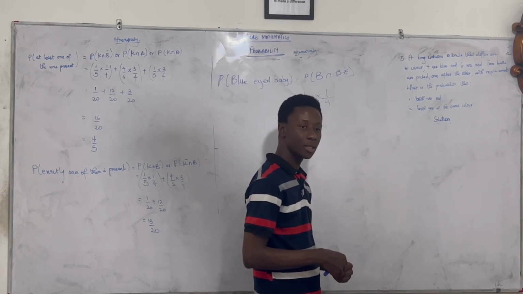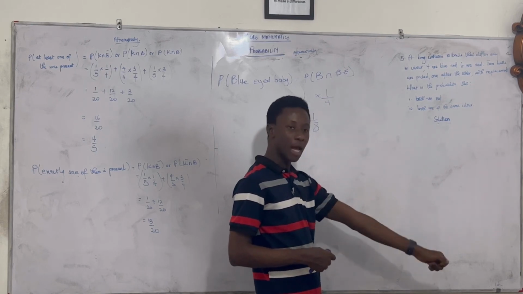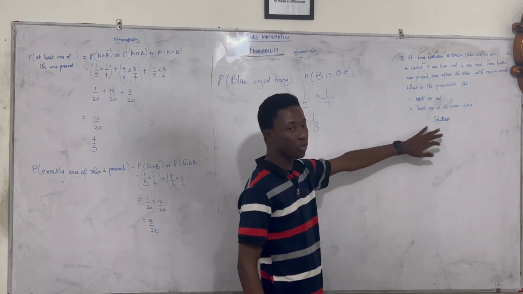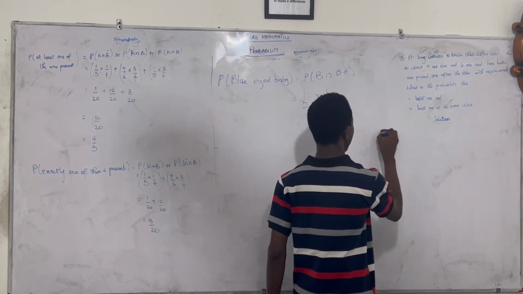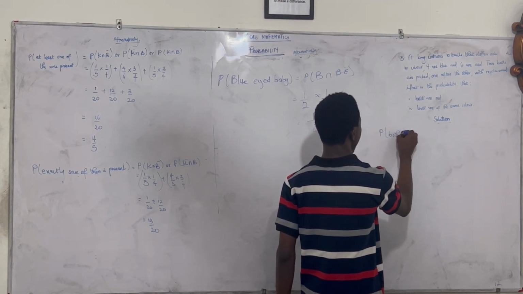Do you know what that means? When you pick the first ball, you replace it, you put it back. Then you pick the second ball. So what's the probability that both are red?